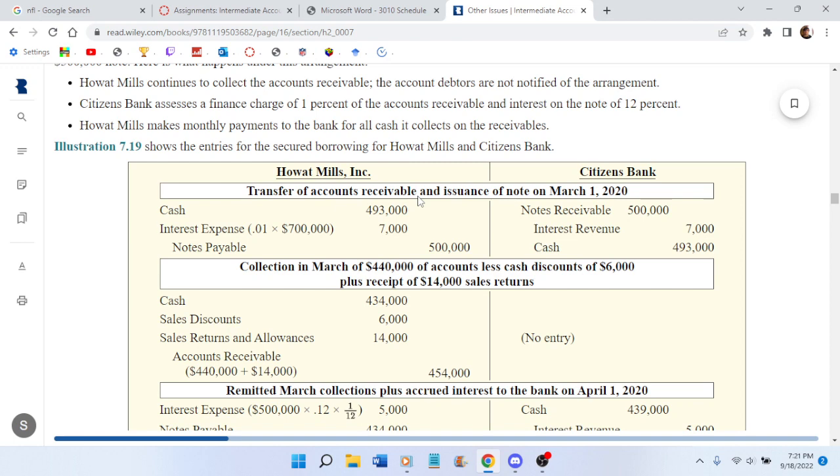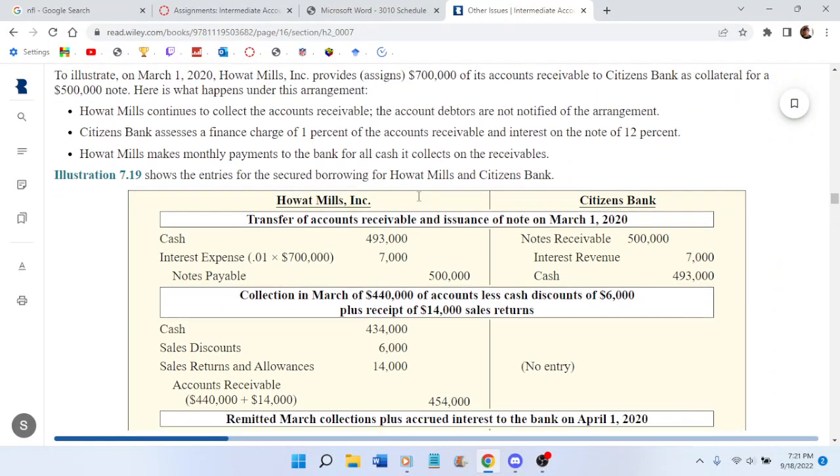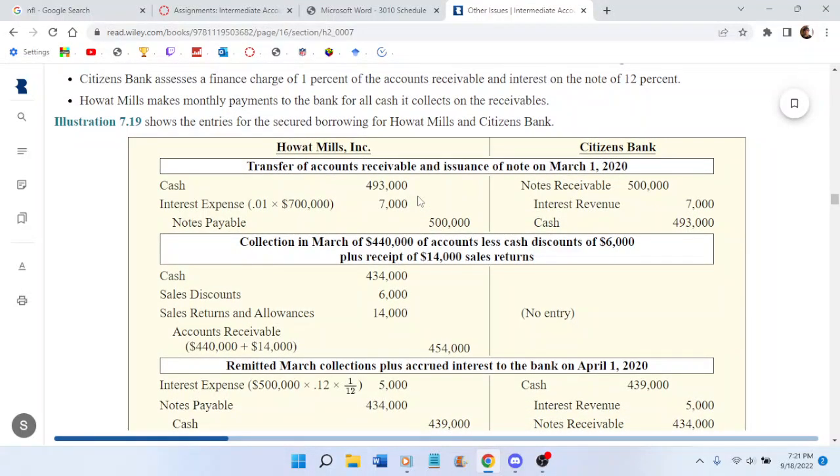On March 1st, collection in March of $440,000. It says collection in March of $440,000 of accounts, less cash discounts of $6,000, plus receipt of $14,000 sales returns.